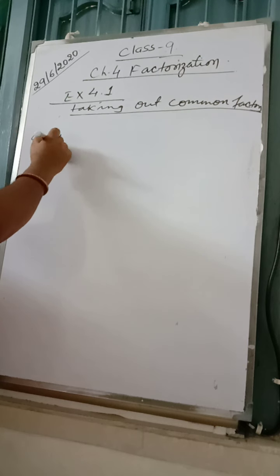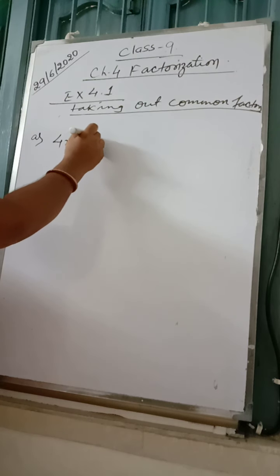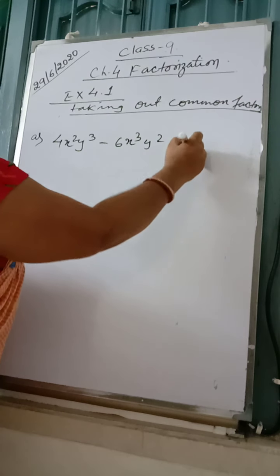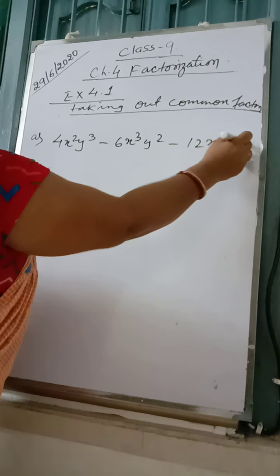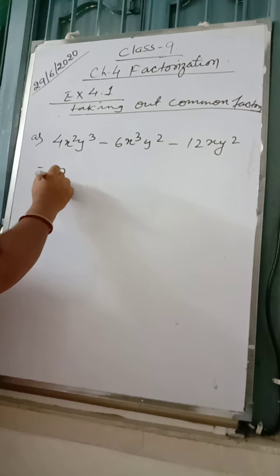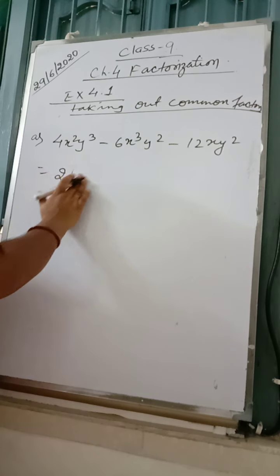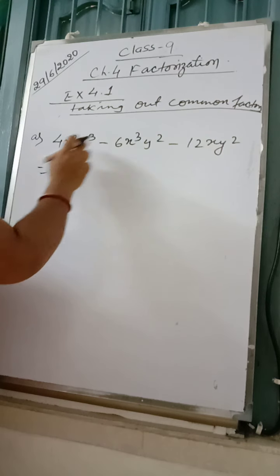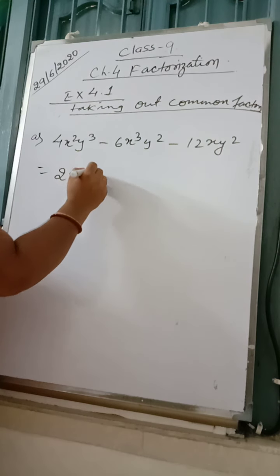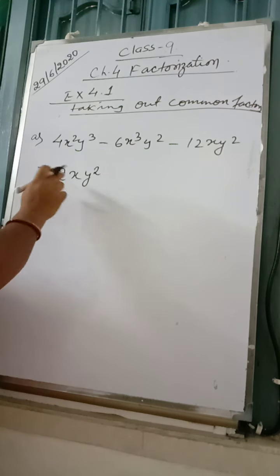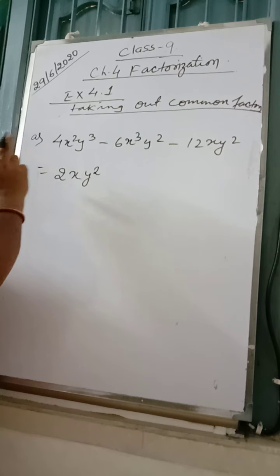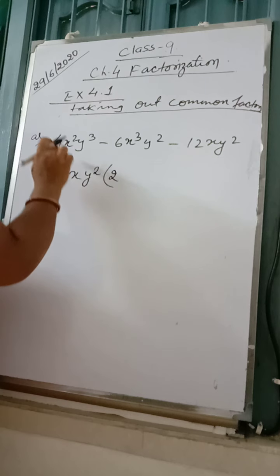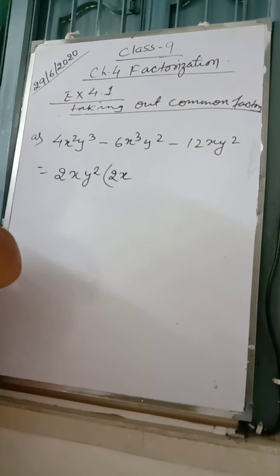A, it is 4x square y cube minus 6x cube y square minus 12x y square. We have 2 common. Then everywhere we have at least 1x common. Then in all 3 places we have y square common. So I have taken 2xy square common. Here for the first term I am left with 2. X I have taken, I had x square, so 1x I am left.